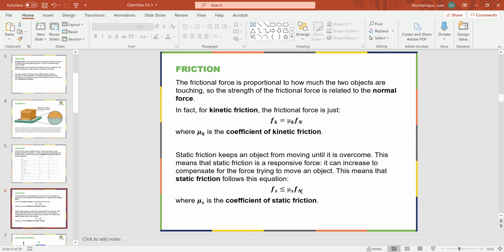Now, the reason the normal force is involved is because anything that is on a surface, its weight is pushing on that surface. So the weight of it is pretty much holding on to that surface. If you have a pin on a surface, the weight of that pin is pushing down on whatever it's on.